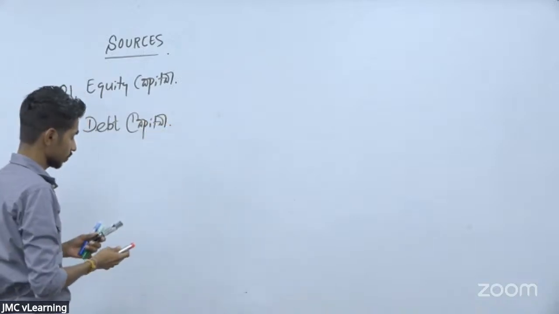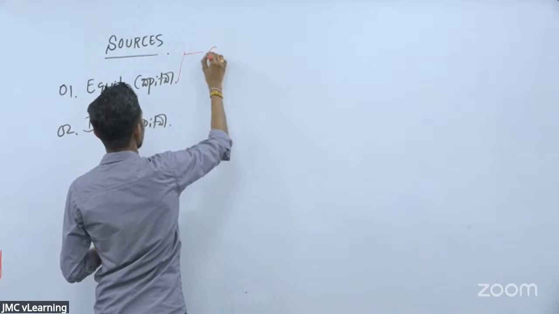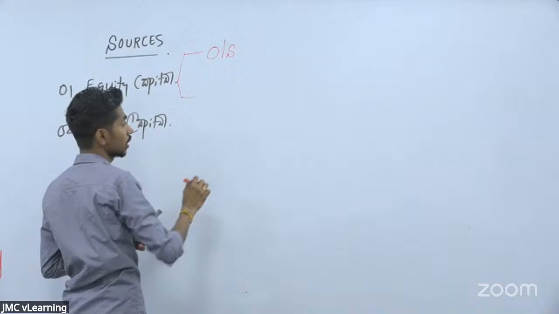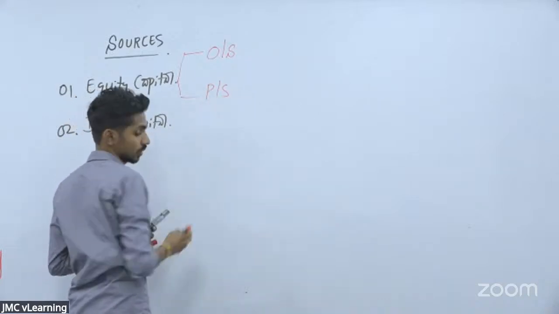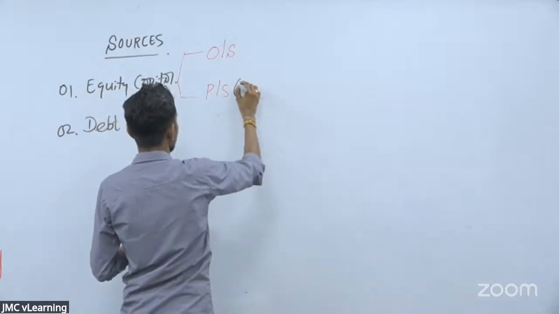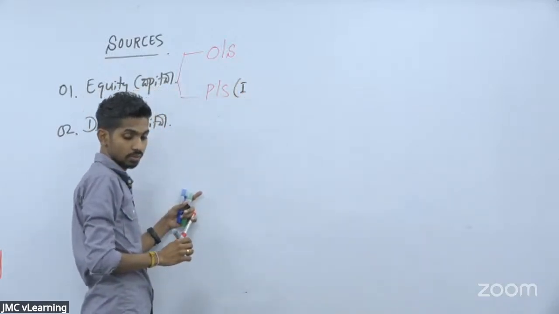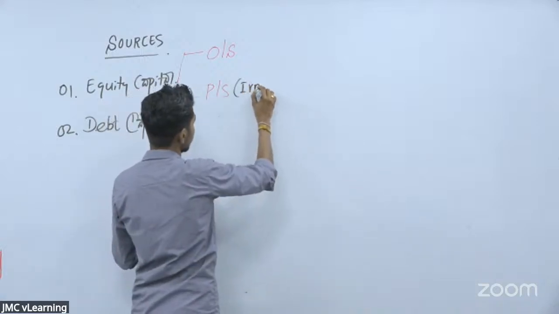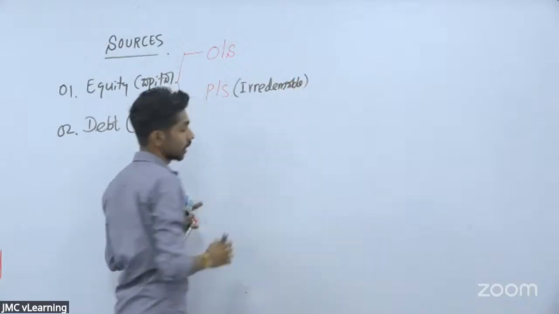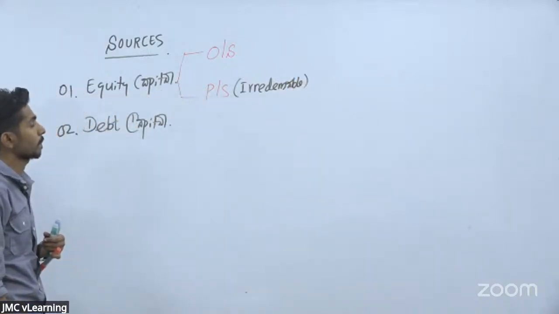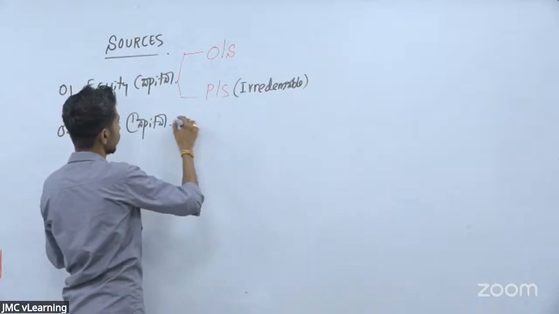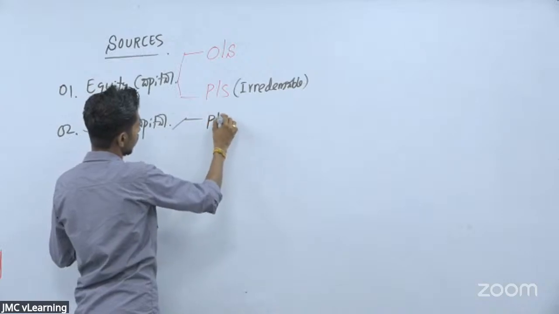Under equity capital, generally there are ordinary shares and sometimes preference shares, generally we call them irredeemable preference shares. If it is redeemable preference shares, it is debt capital.